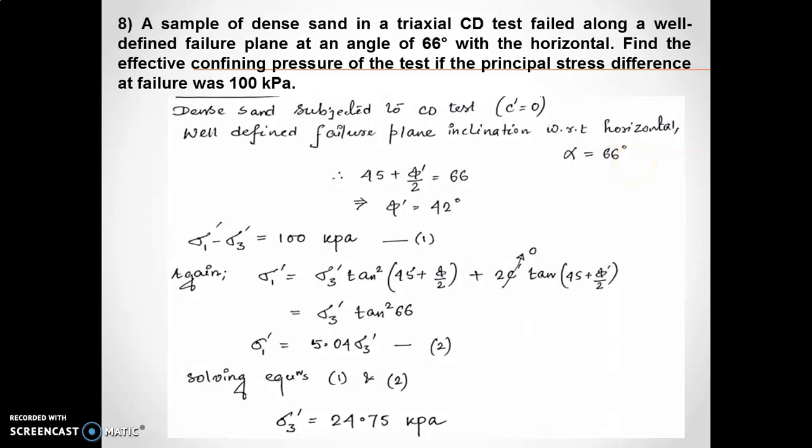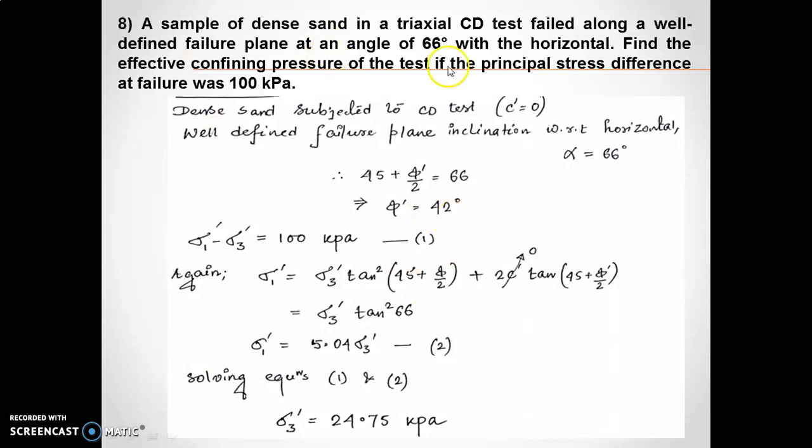We know alpha is equal to 45 plus phi by 2, in this case 45 plus phi dash divided by 2. So substitute alpha is equal to 66, and you will get phi. So 66 into 2 minus 45, that is phi dash equal to 42 degree.